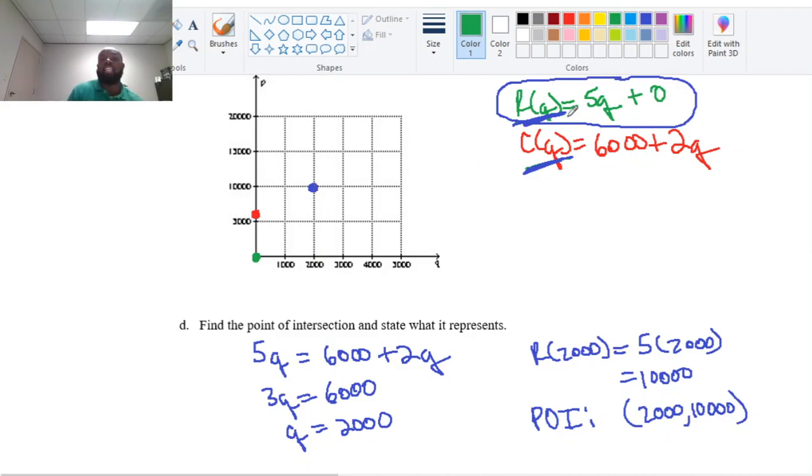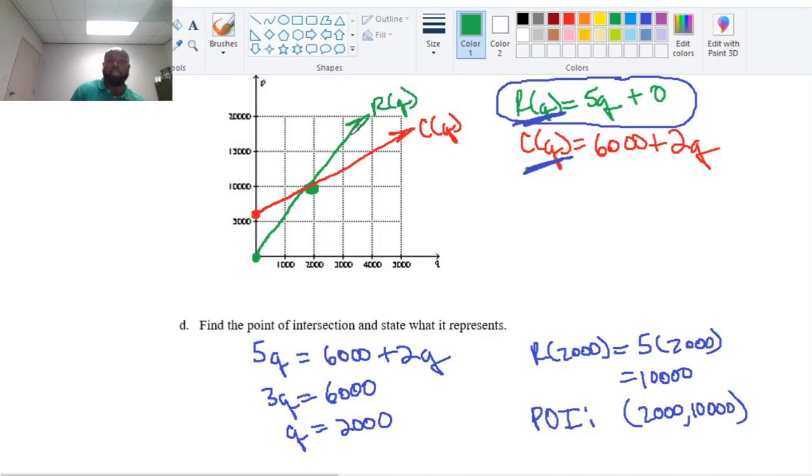I've already said that my revenue goes through the origin and has to pass through that point there. It's a slope of 5. I know that looks a little weird. Let's make this bigger. All right. And then my cost has a vertical intercept of 6,000 and it has to pass through that point. There we go right there. So this is C of Q and this is R of Q.